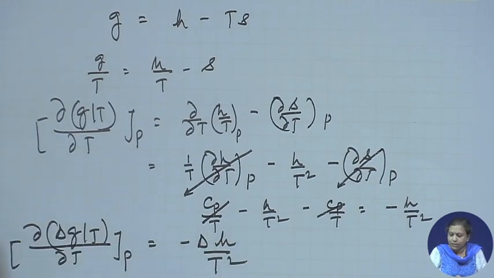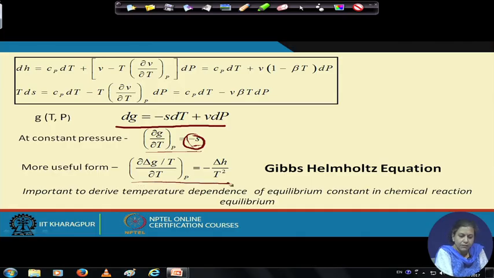This particular equation is very, very important. It is known as the Gibbs-Helmholtz equation, and it is very important to derive the temperature dependence of equilibrium constants in chemical reactions.